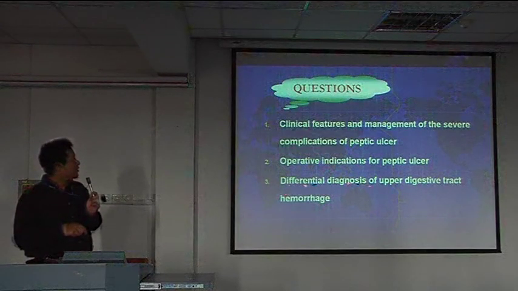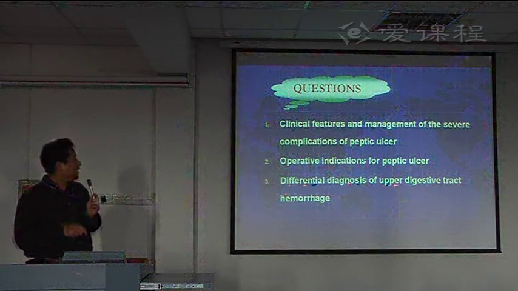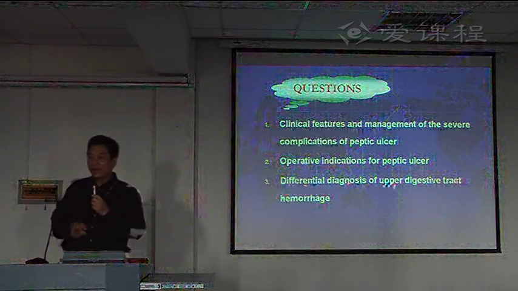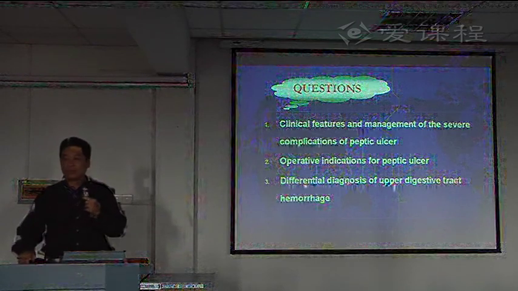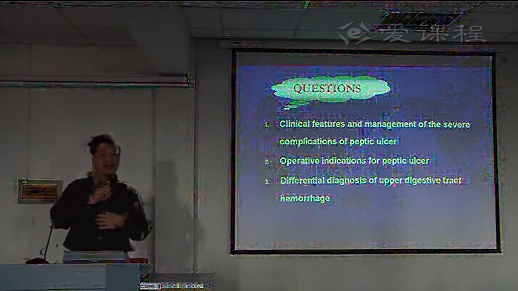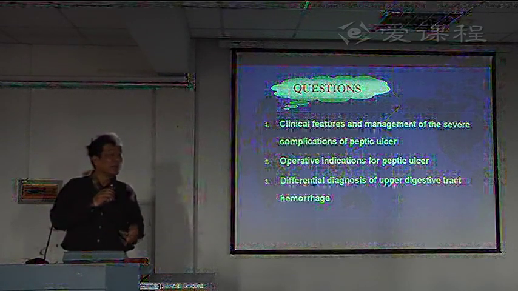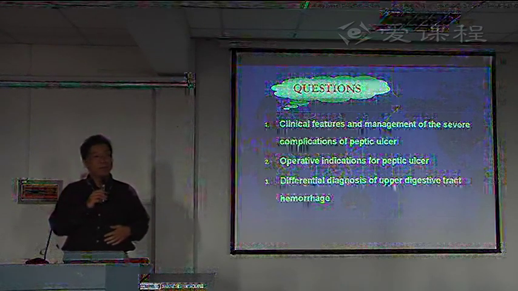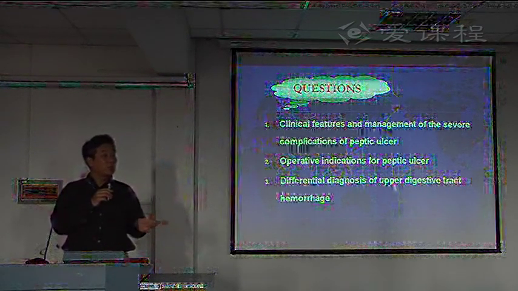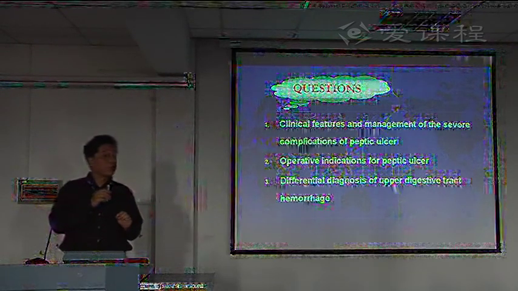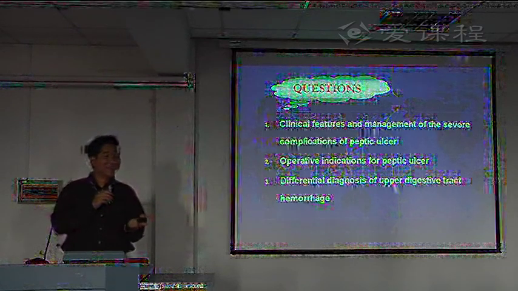What is the differential diagnosis of upper GI hemorrhage? There are many diseases. Can you hear me? Cirrhosis, liver cirrhosis with portal hypertension, and bile hemorrhage, usually caused by gallstones, and gastritis, stomach cancer.